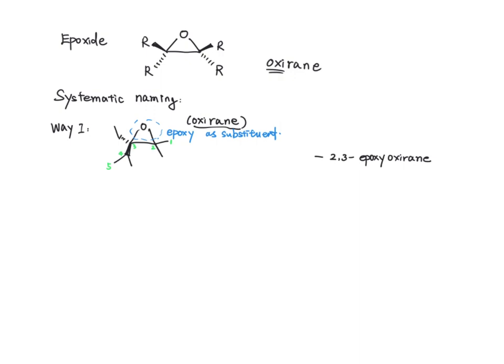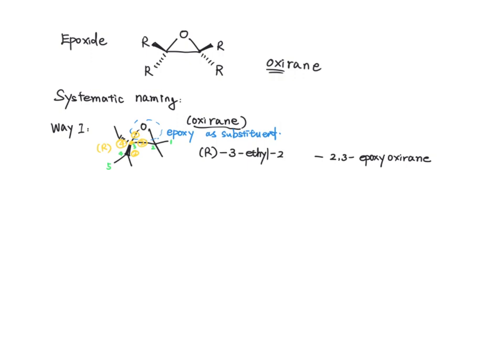We also notice that there is a chiral center. You have 1, 2, 3, 4, and we have R right here. On carbon 3, we have the R configuration.